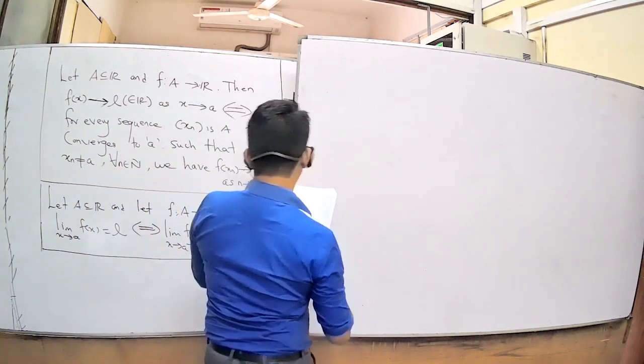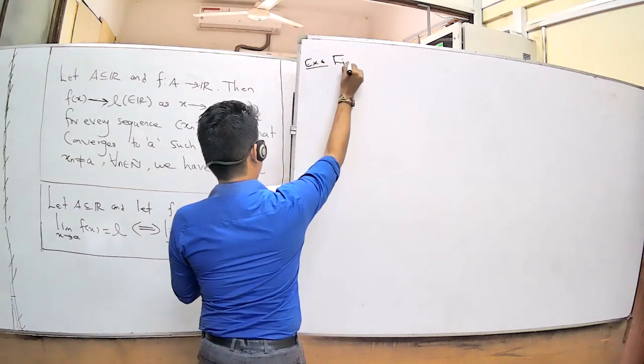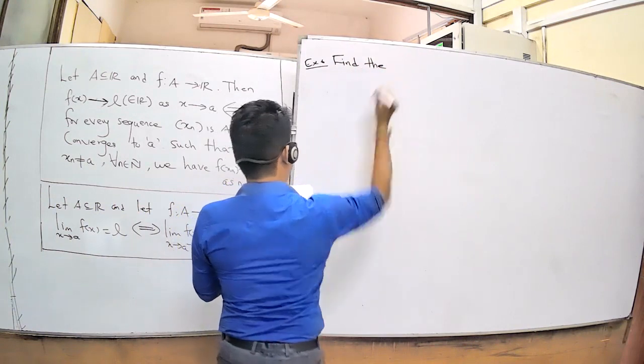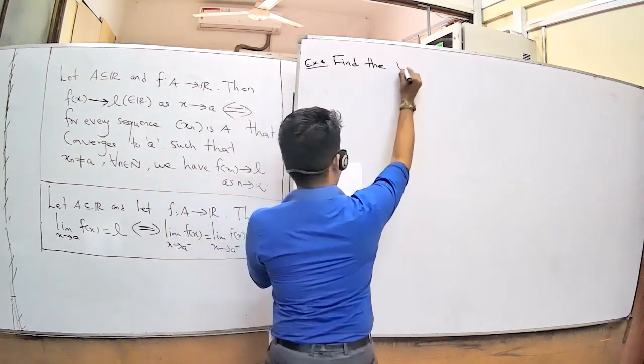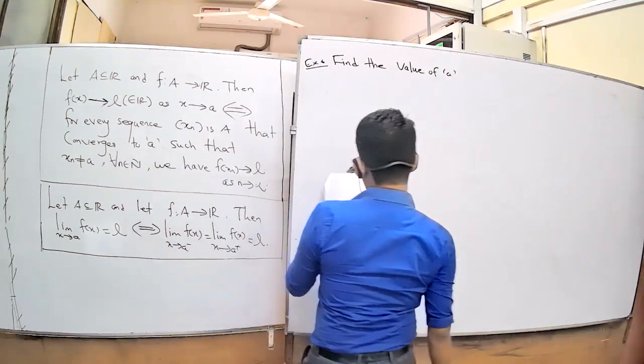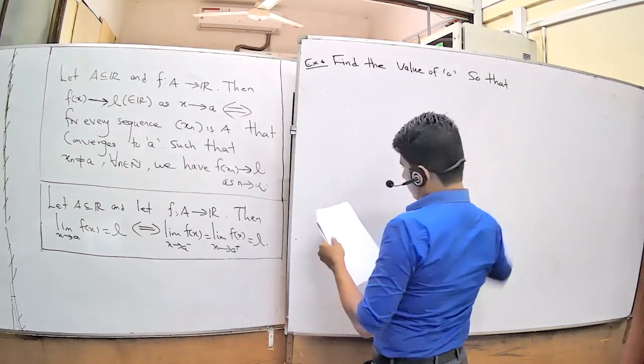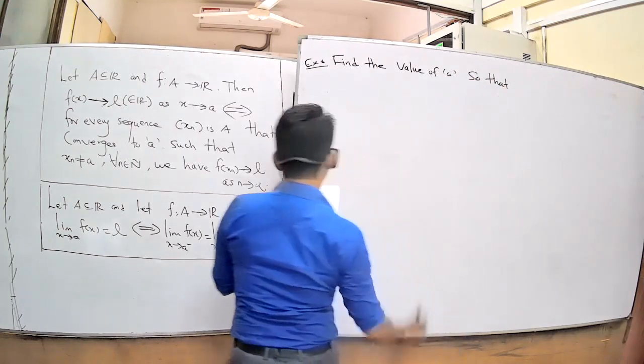Find the value of a so that this limit exists.